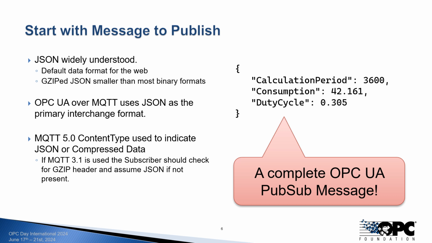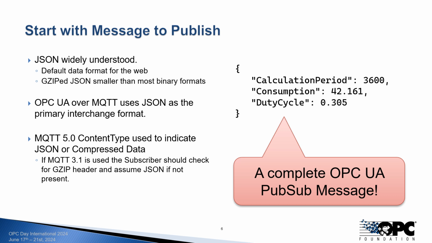And in order to manage this, the option of being able to zip the data before sending it out is an extremely valuable tool for many different applications. The MQTT 5.0 content type is used to indicate whether or not a given message contains raw JSON or compressed data.